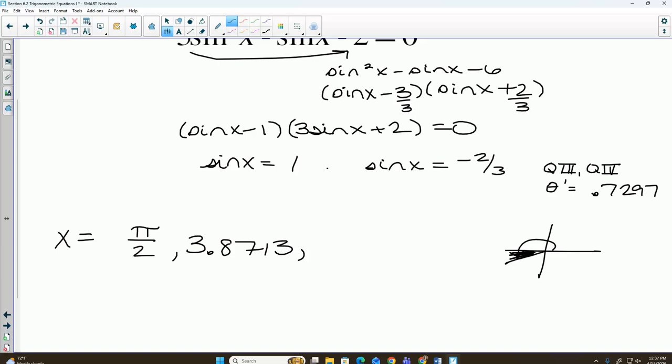All right, what about quadrant 4? So in quadrant 4, this thing is 0.7297. How do I find everything up to that? Except we're in radians, so 2 pi minus the reference angle, 0.7297.